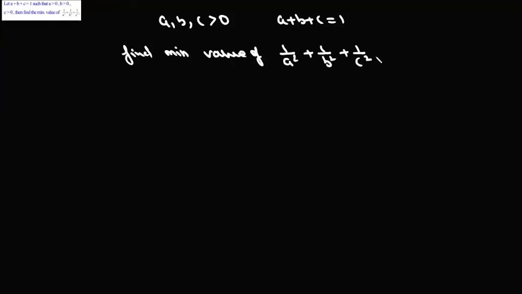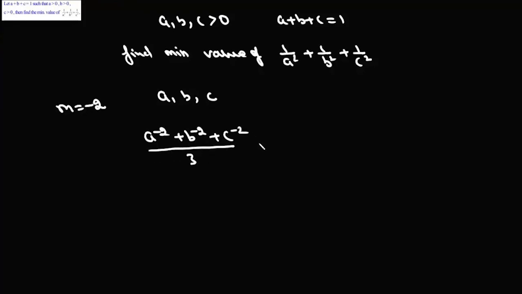Now here what we'll do is we'll use mth power AM for a, b, c, considering m as minus 2. Now we know that (a to the power minus 2 plus b to the power minus 2 plus c to the power minus 2) upon 3 will be greater than or equal to ((a plus b plus c) by 3) whole to the power minus 2.